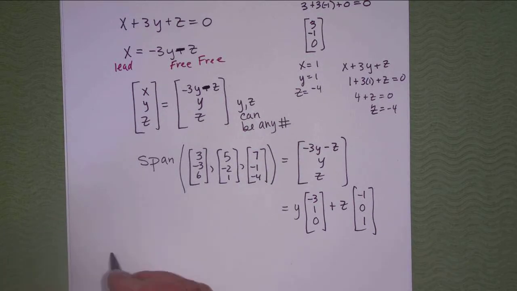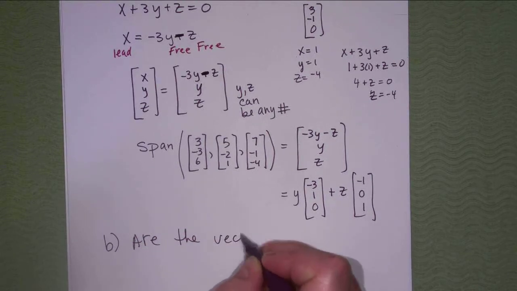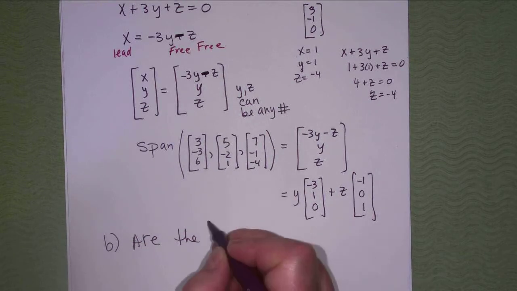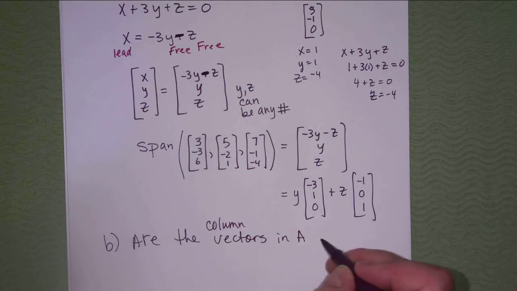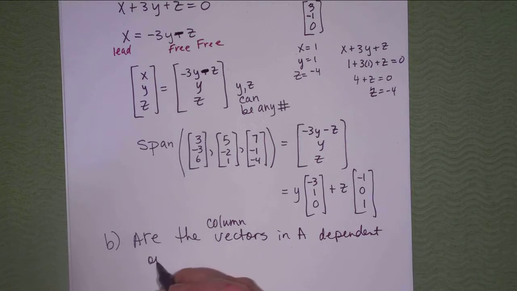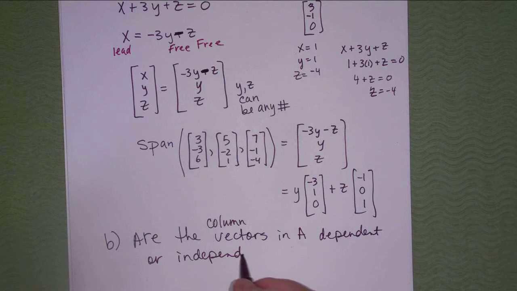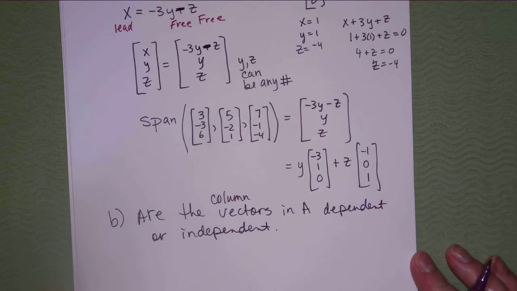Now, are the column vectors in A dependent or independent? Without doing any work, we already row reduced it.